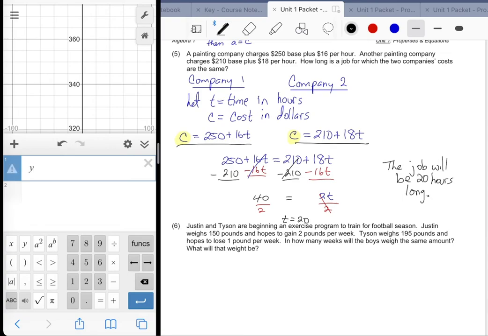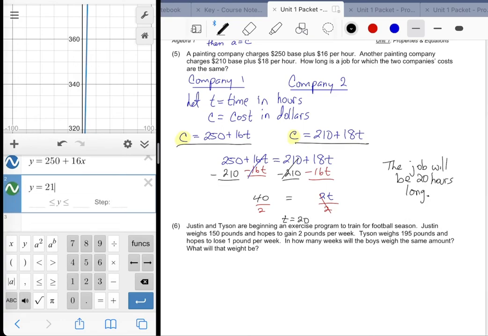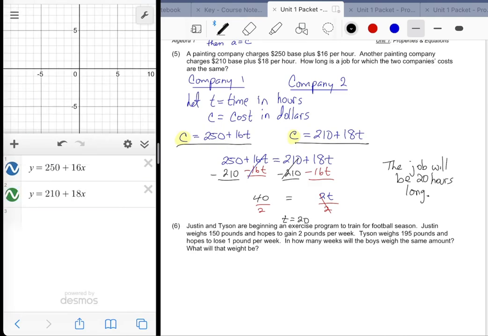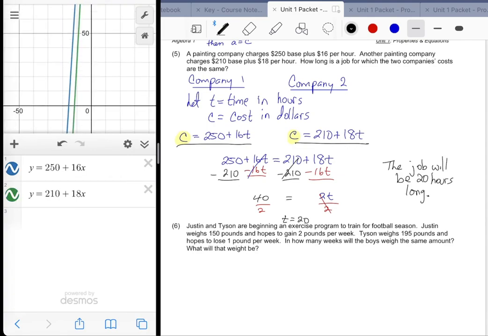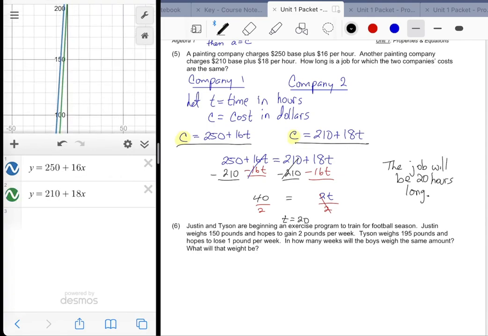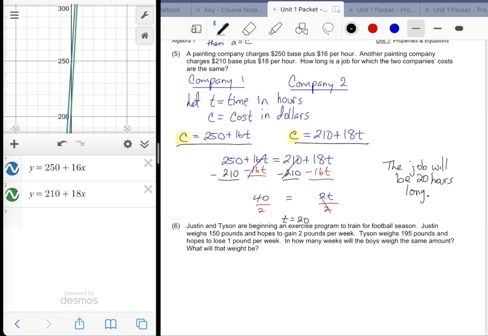Type in y equals 250 plus 16x, and y equals 210 plus 18x. I'm going to go back to an ordinary zoom by hitting the home key, and then start investigating to see where they intersect.